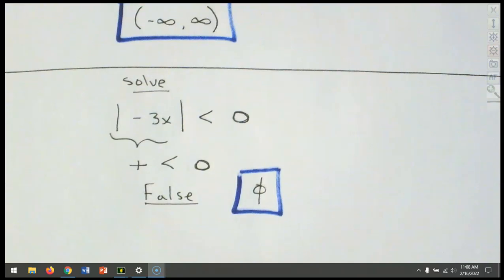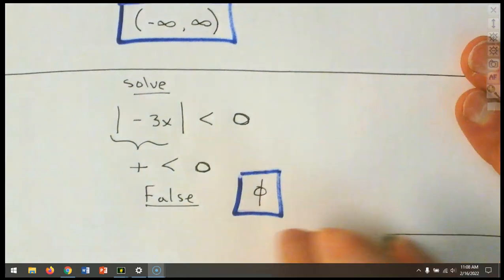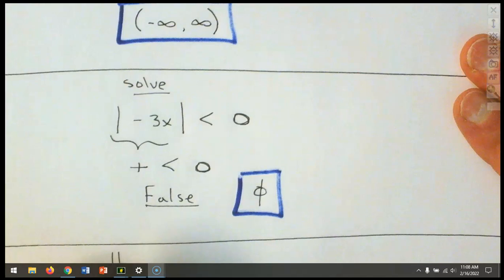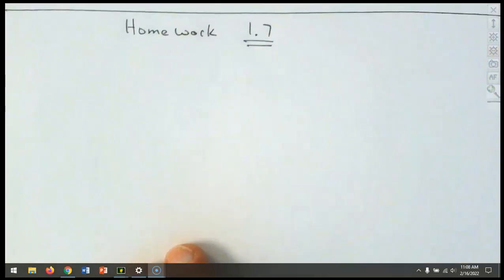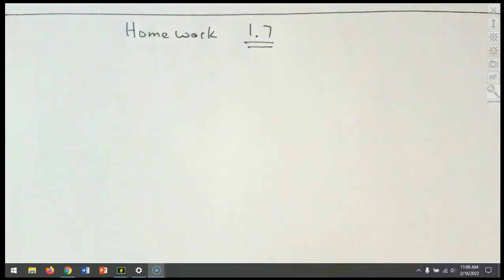I'm going to go through with you question number 8. So this is on your homework. And I think there's another one like this in here as well. If I remember right. And maybe there's just that one. I think there might just be this one, but I want to make sure we understand this concept again.